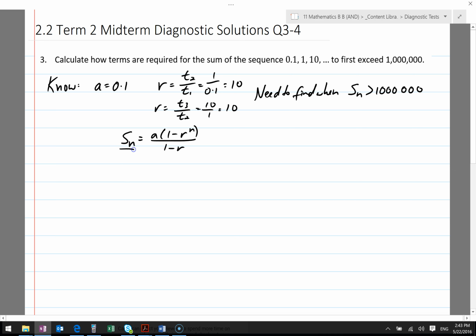So I want the sum of the terms to be 1 million. Put that on the left hand side. I know that the A value is 0.1, 1 minus R is 10, divided by 1 minus R. Okay, so from here, if I can solve this for n, I'll have an indication of when the sum of n terms is greater than 1 million.